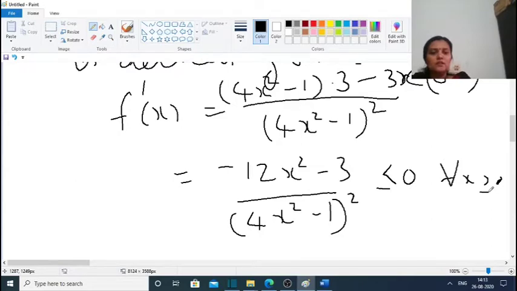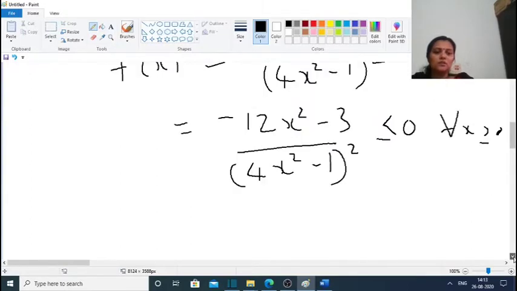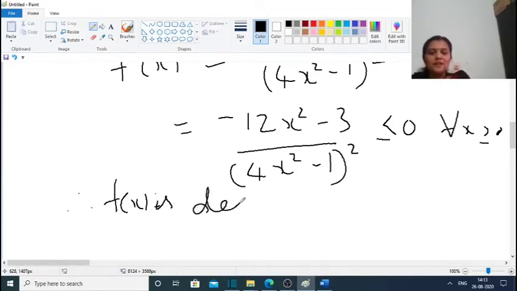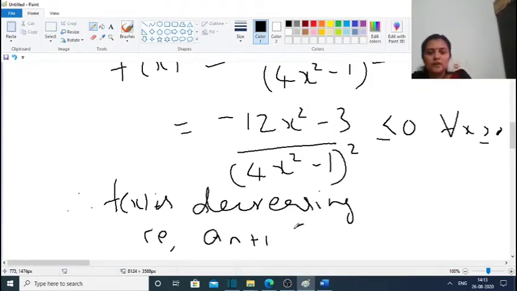Since x square will be positive, minus 12x square is negative and minus 3 is again negative, so this value will be less than 0. Therefore f of x is decreasing, that is an plus 1 less than or equal to an.